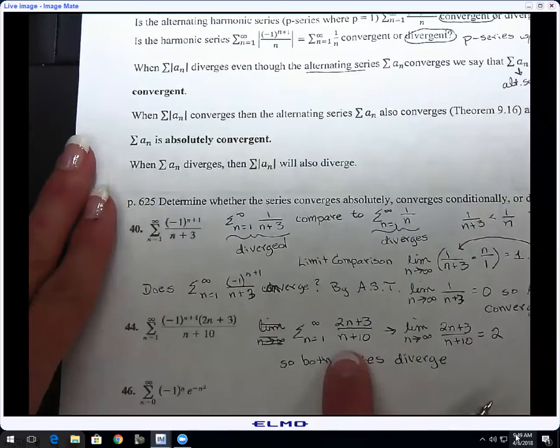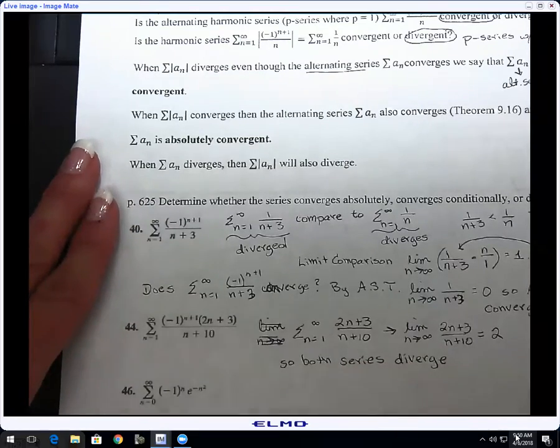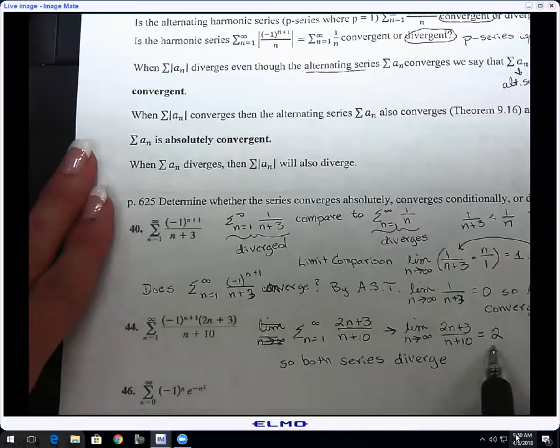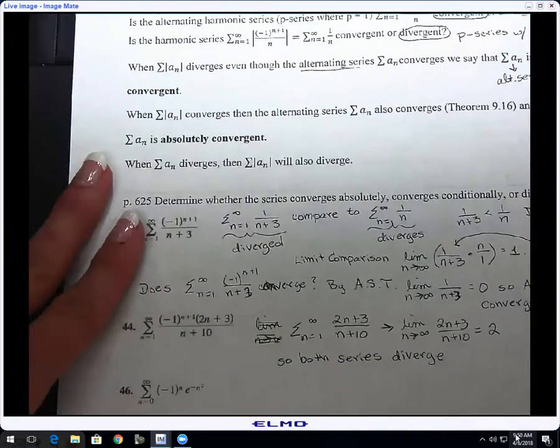Well, the thing about this particular problem, the nth term test for the absolute value is going to be the same thing as taking the limit for the a sub n. They're the exact same. So both of them do diverge. You would just have to word it. It's not because of this that they both diverge.